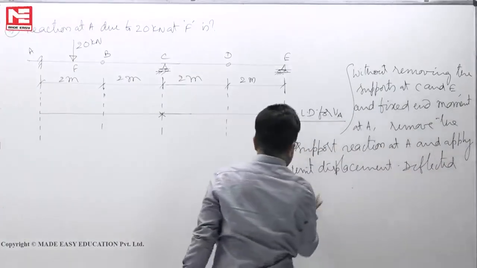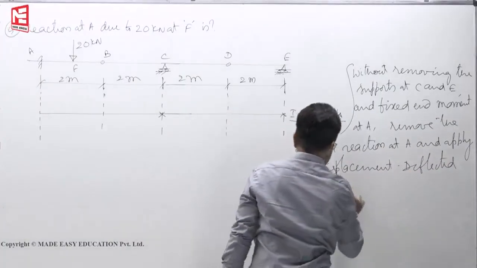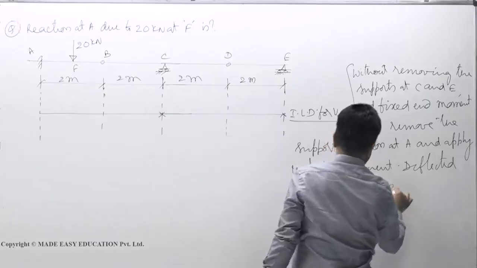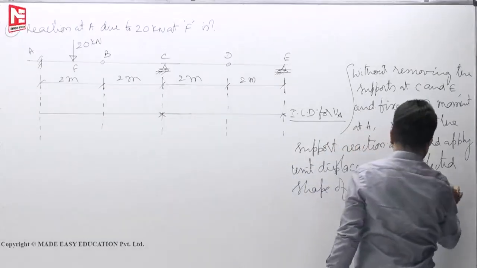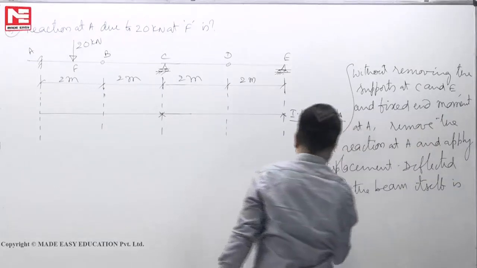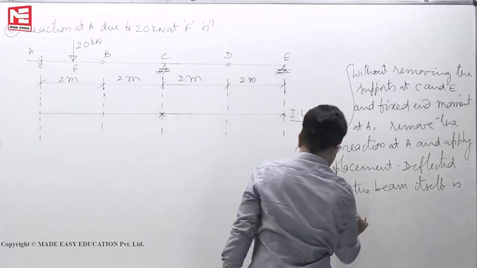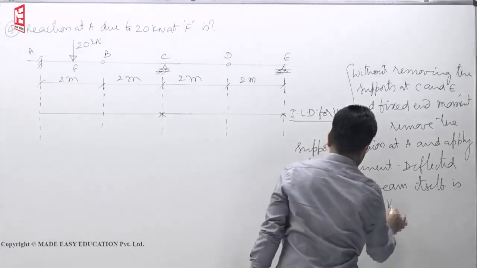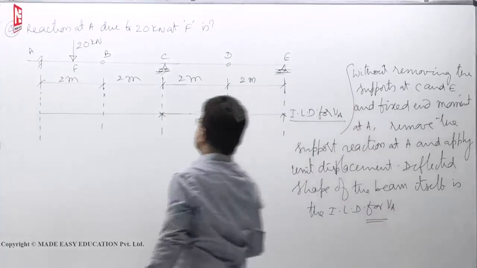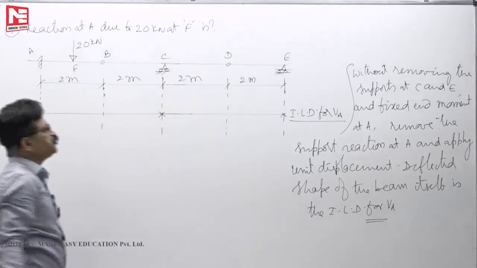Deflected shape of the beam itself is the ILD for VA.